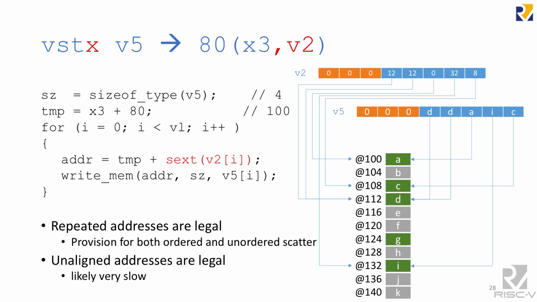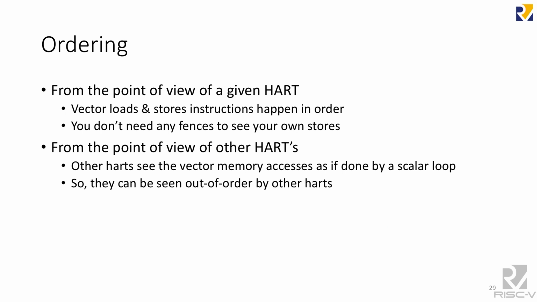Okay, so we covered all our memory operations. I don't have slides for the atomics, but I'm sure you can guess. And now, at the risk of offending the ordering guys, we just put 4 bullets not to get in trouble. But what's the memory ordering that we want for this? I think the summary is, think of a vector load and a vector store as a loop doing memory references.